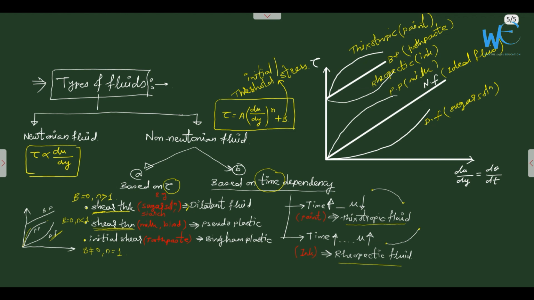If their viscosity goes downward, then it is called thixotropic fluid, and their example is pen. And if such fluids' viscosity increases with time, then we call them rheopectic fluid, and their example is ink. So I hope you understand it well, which is types of fluids.